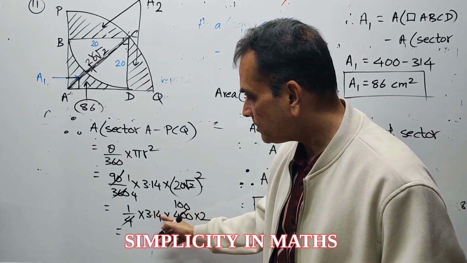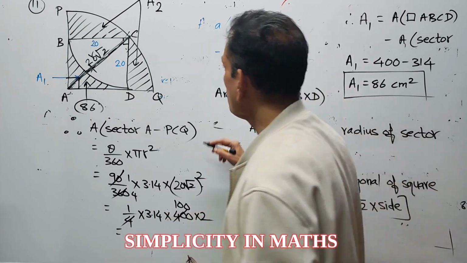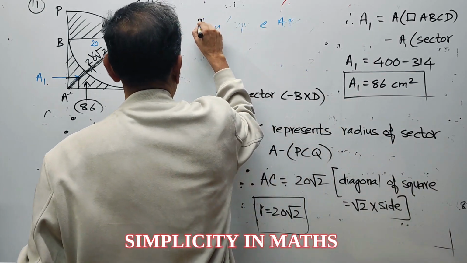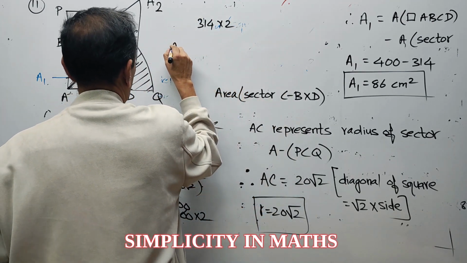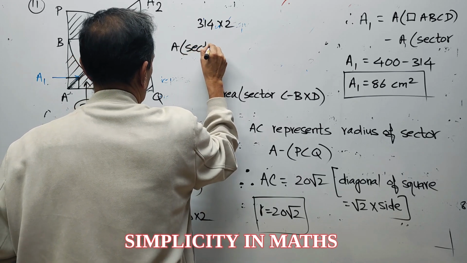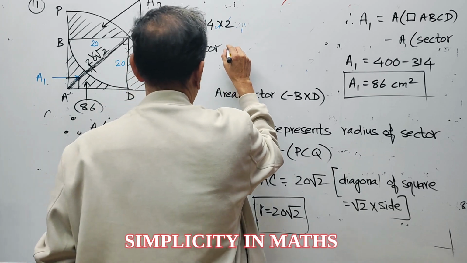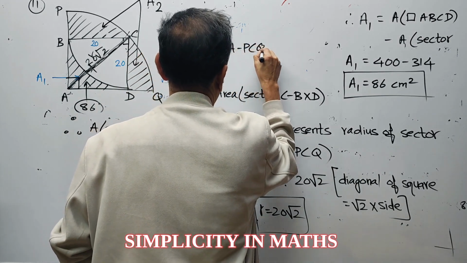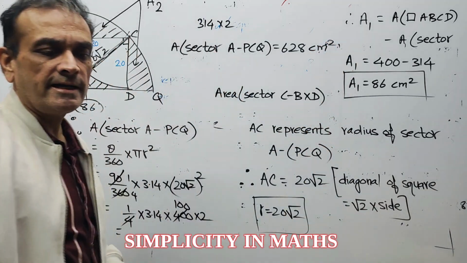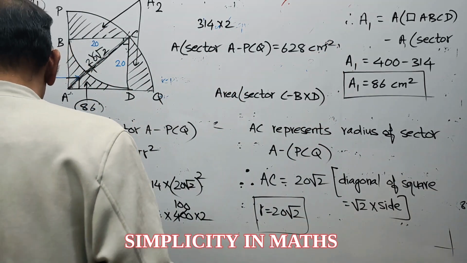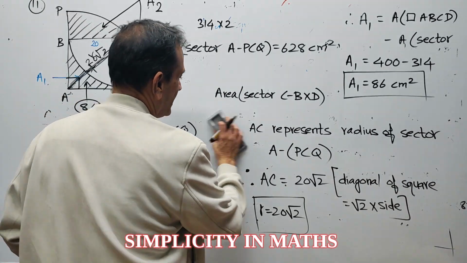When you multiply a decimal by 100, the point moves to the right by 2 places. 314 into 2 आ गया. That is the area of the sector, big sector, APCQ: 628 centimeters squared.